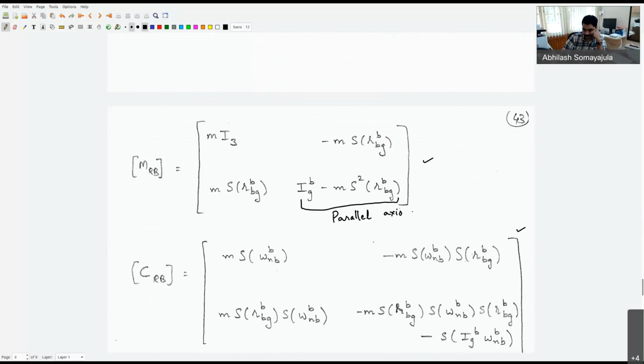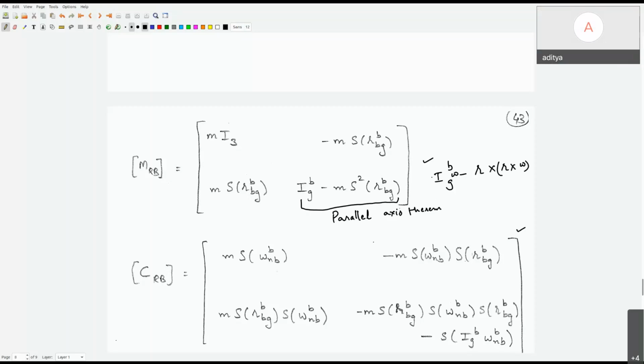Yeah, but ideally it should have been plus, right? No. If you look at it, it will be IGB minus R cross omega, if I multiply by omega dot, sorry.